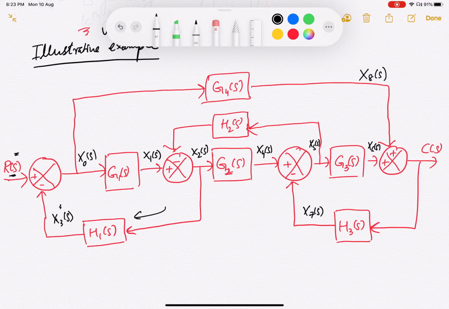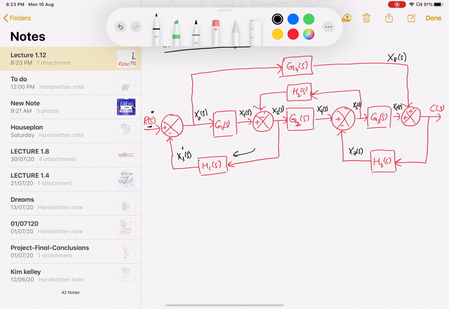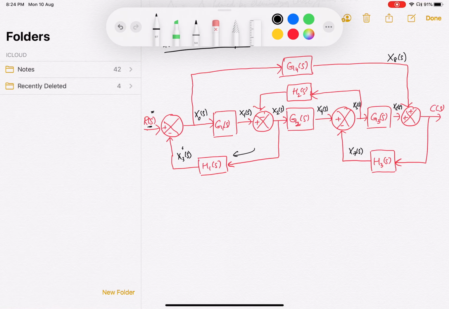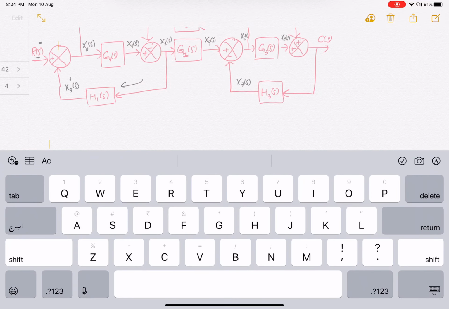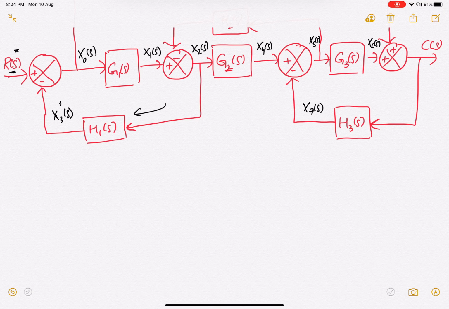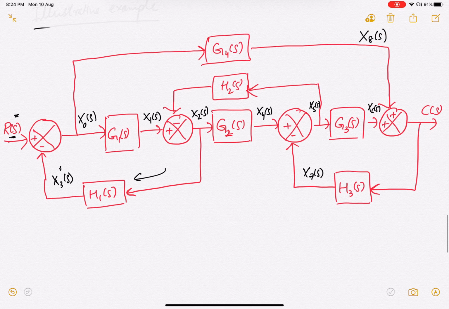So let me draw the signal flow graph for this. Okay, so we have this here. So let us label all the nodes first.